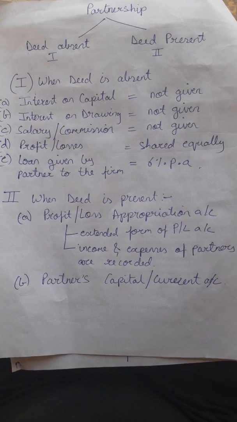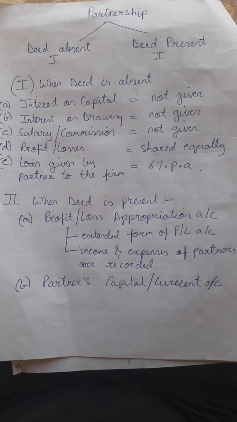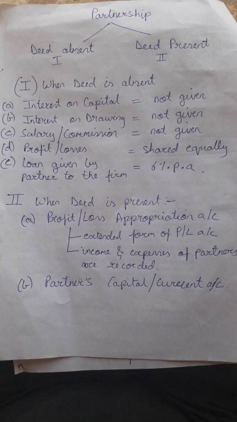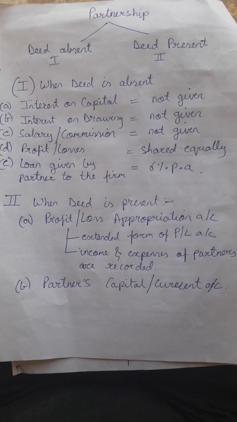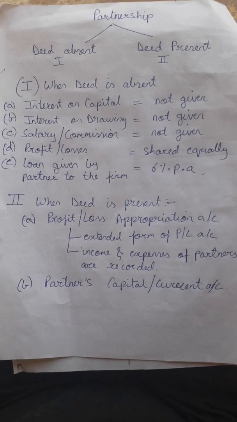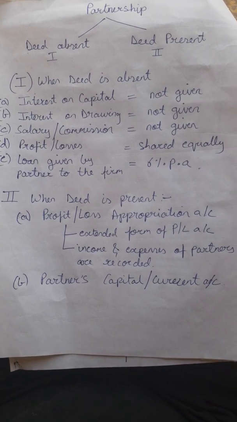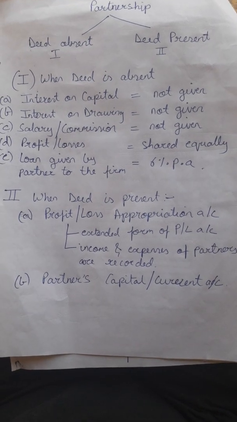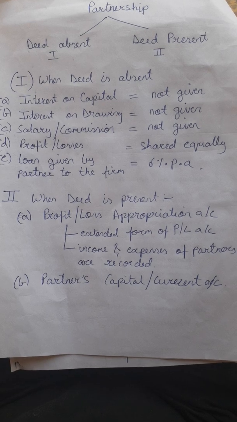When agreement or the deed is absent among partners, in that case, no interest on capital is given to any partner. Interest on drawing is also not given to any partner. Salary and commission to any partner is not given by the firm, irrespective of the work done by them.